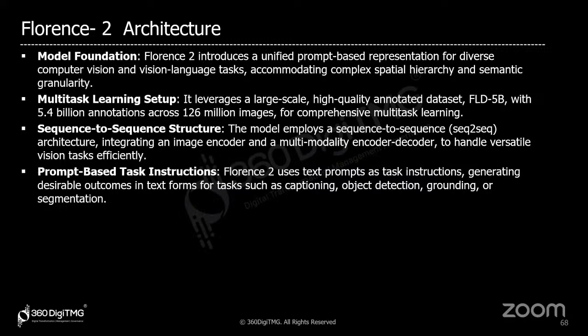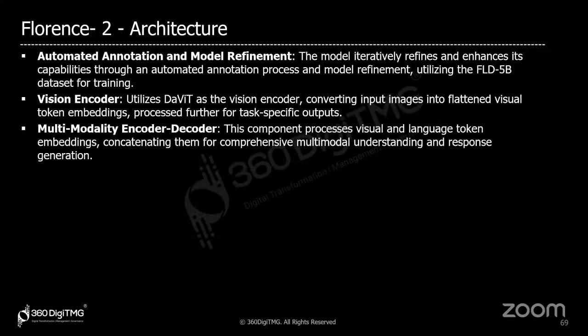It can be given instructions and it will generate output according to the given image. For example, if we want to caption the image, it can do that. For object detection, it can do that also. For image segmentation, yes, it can be helpful for that also.